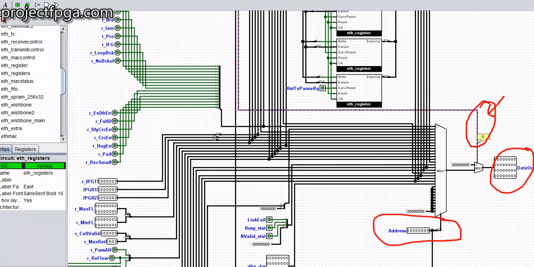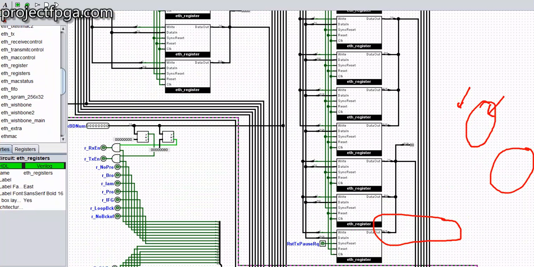So I'd like to see where this chip enable is coming from. That is our register enable that enables output.